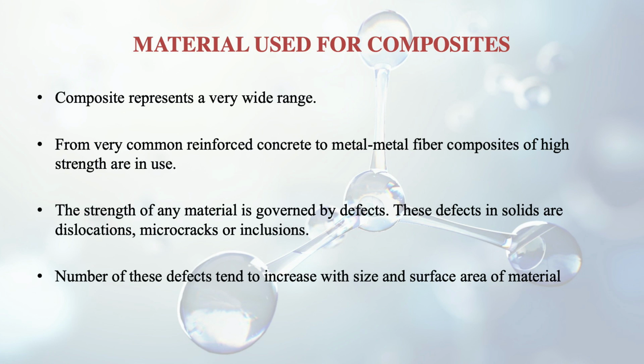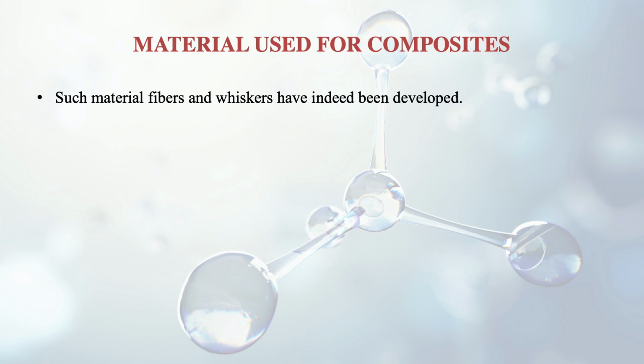That is very common, because the smaller the size, the fewer the defects, and the larger the size, obviously, the more defects. Fibers and whiskers of a small size have been developed, and whiskers are single crystals free of dislocations. These very small things, whiskers, are free of dislocations. They also come under the category of composites.